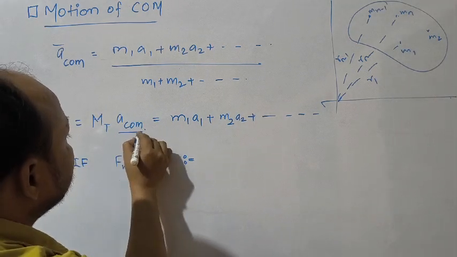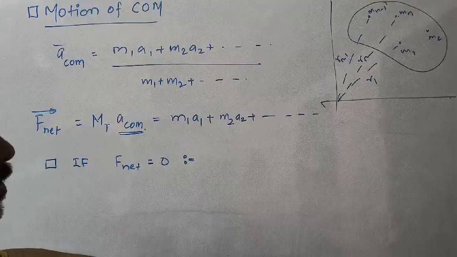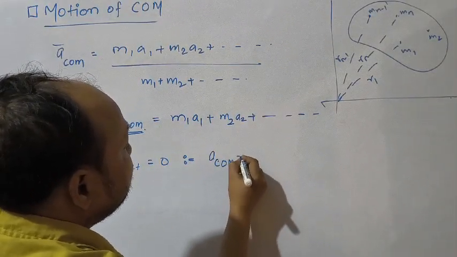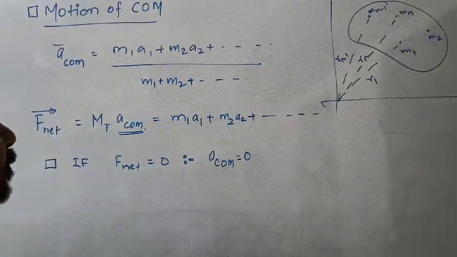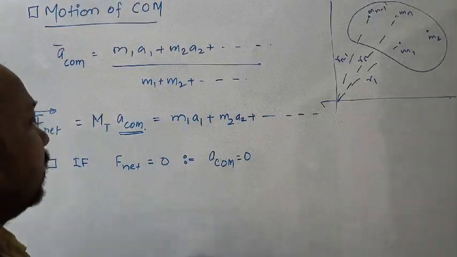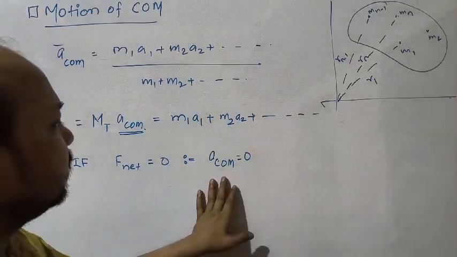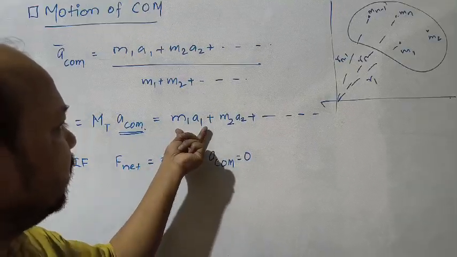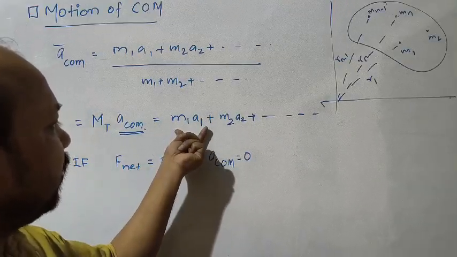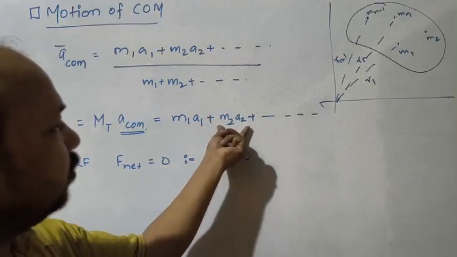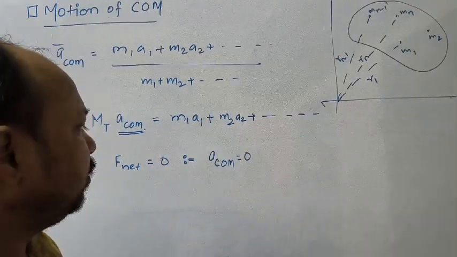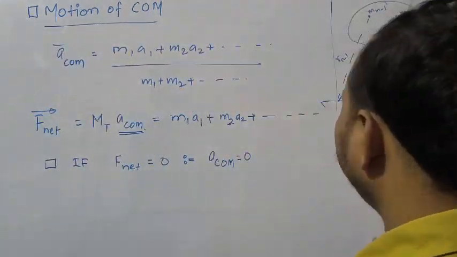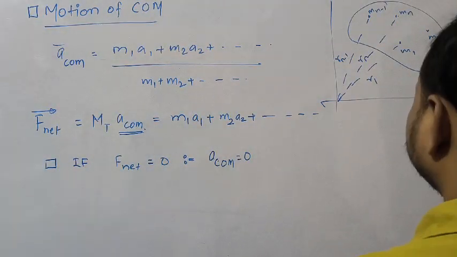Obviously the acceleration of the center of mass will be 0. Now if the acceleration of center of mass is 0, can we say that the accelerations a1, a2 are also equal to 0? Let me discuss with one example.